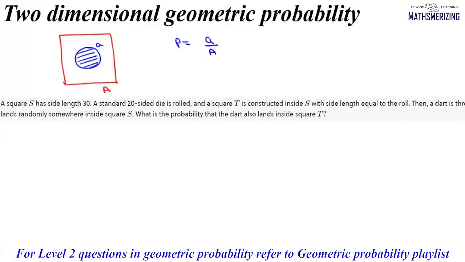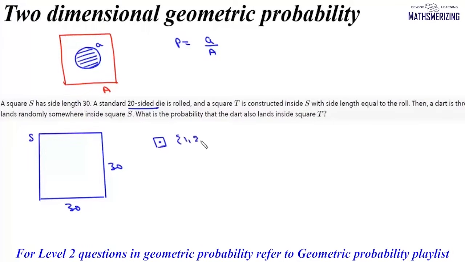Say for example, the question is, a square S has side length 30. So we have this square whose side length is 30, and this is your square S. Now it says a standard 20-sided die is rolled. So we have this die which has 20 faces.